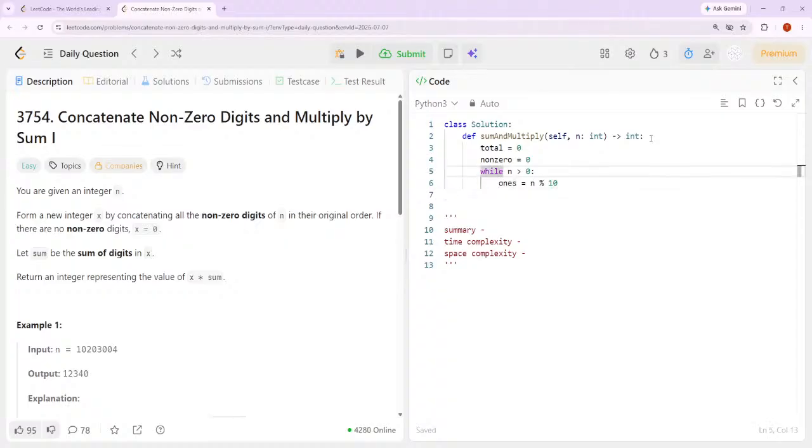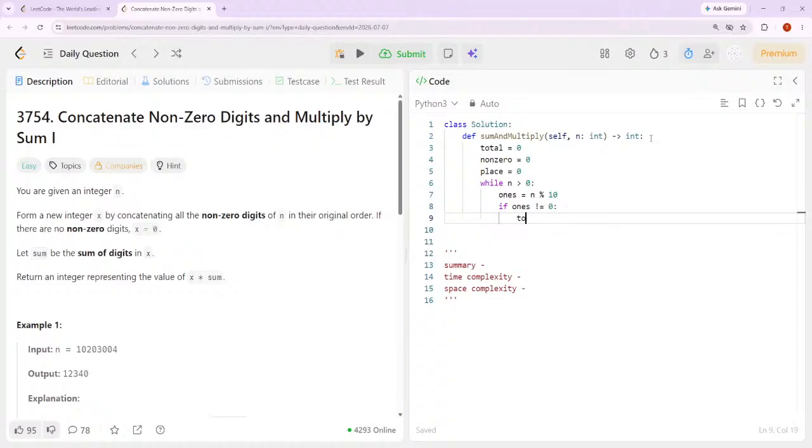Guess I kind of need to know which place value it is. If the first digit is not 0, then the total increases. I guess I don't really care, actually.